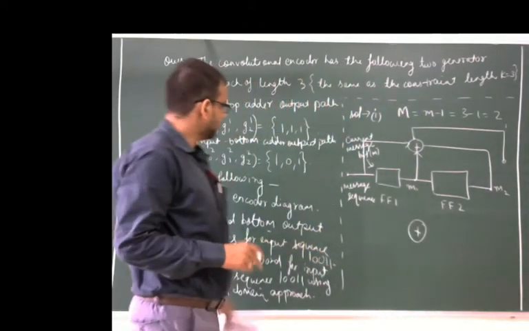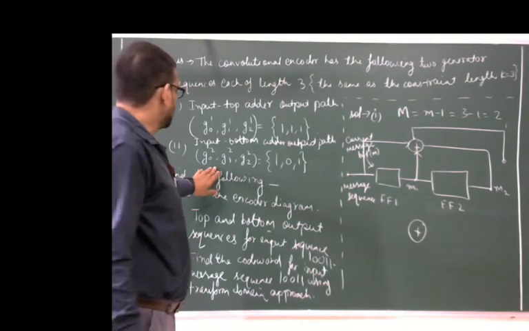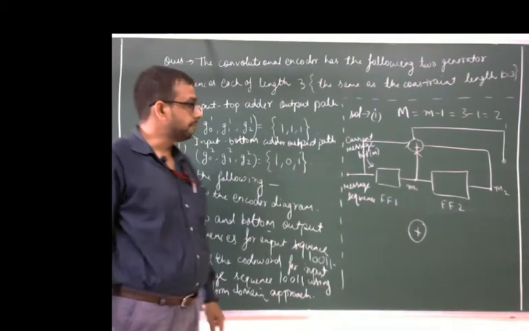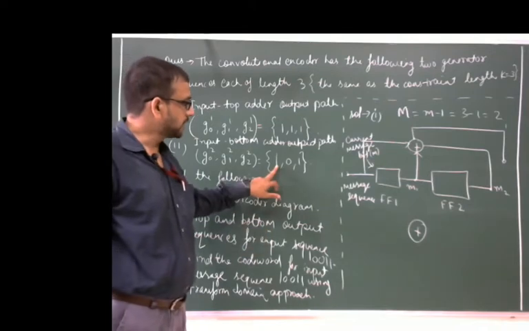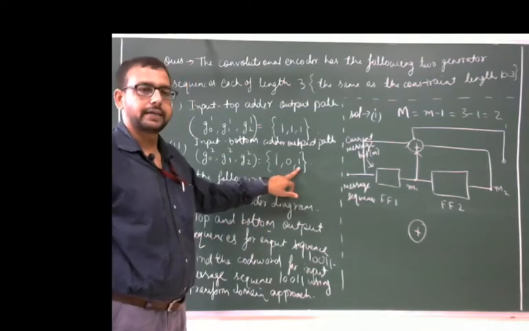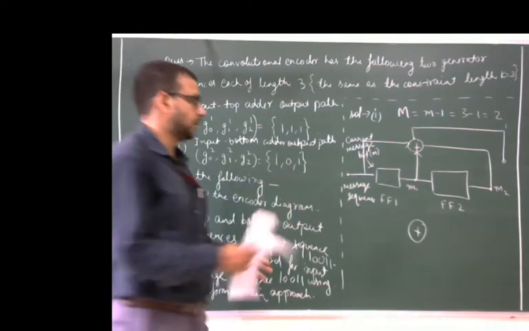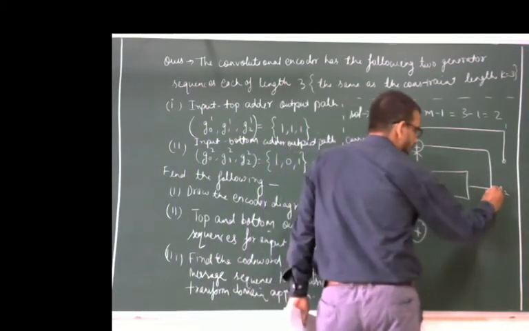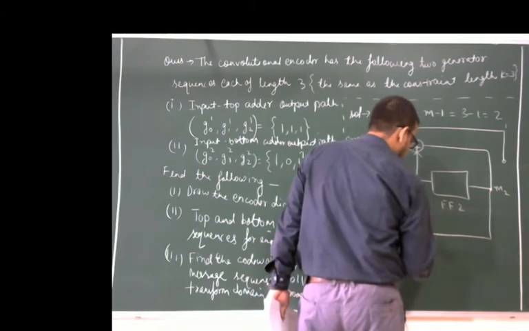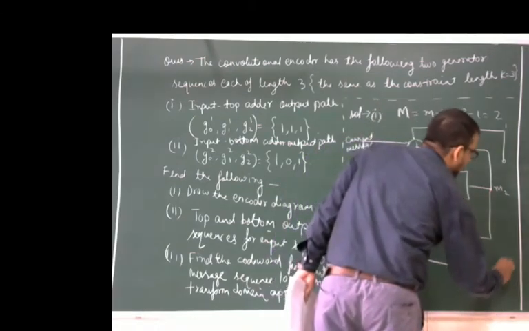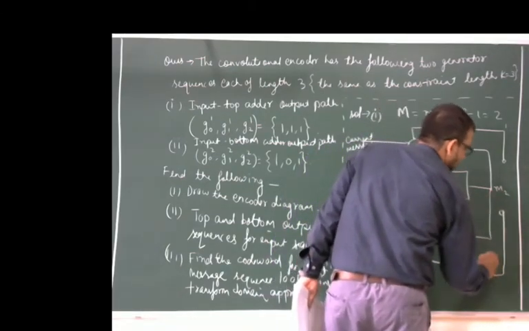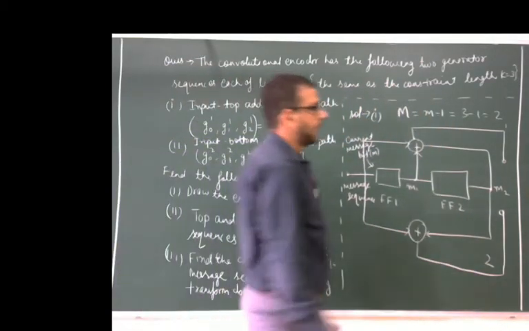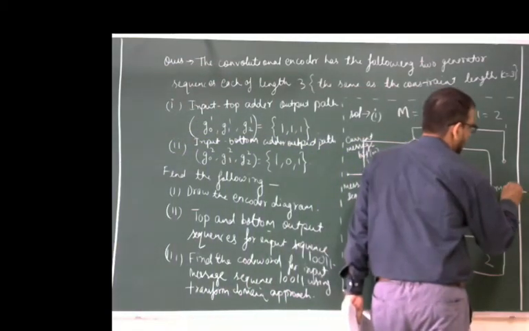Now according to the second generator sequence, 101 means the first M and the last M2 are connected, and this one is not connected. So we take this sequence like this, and this sequence like this, and here is output 2, and finally we get the output here.